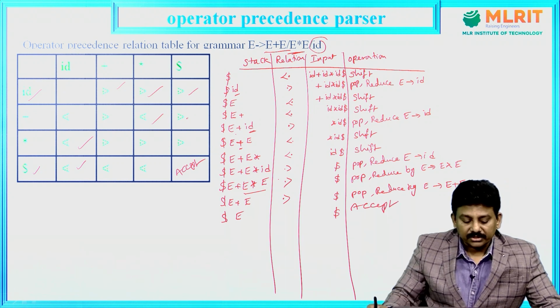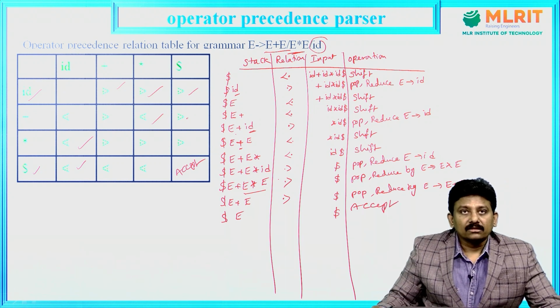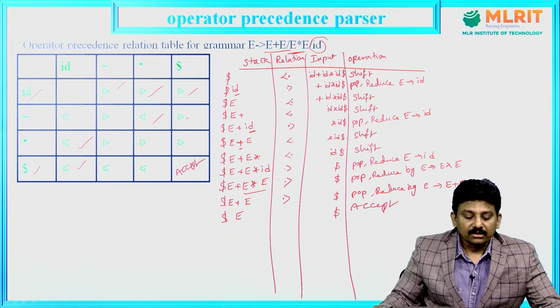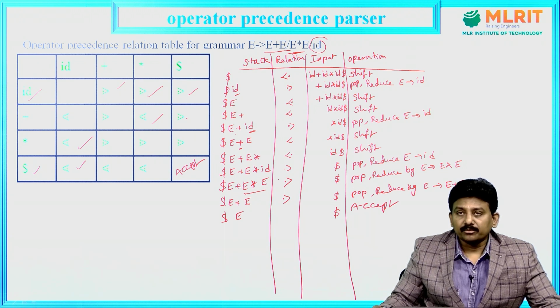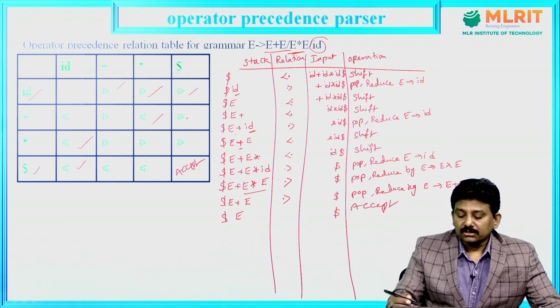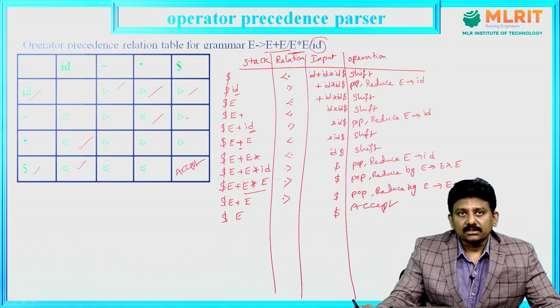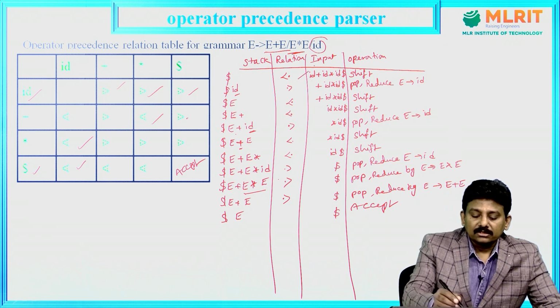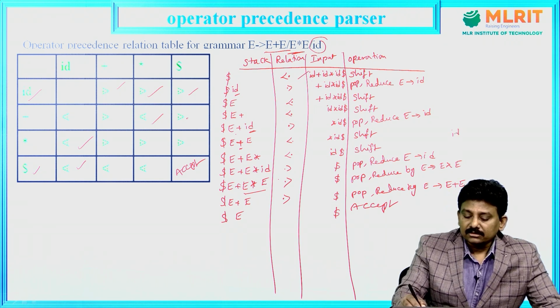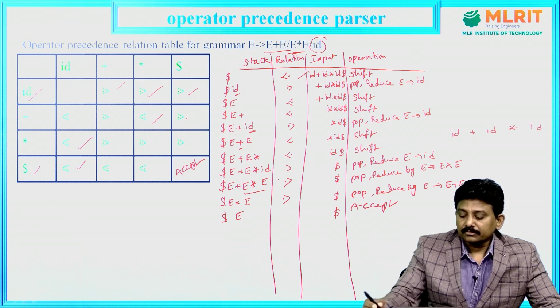The string is accepted. This is how we parse the input string, because the operator precedence parser is a bottom-up parser, so the parse tree is constructed from leaves to the start node. The input is ID plus ID star ID.